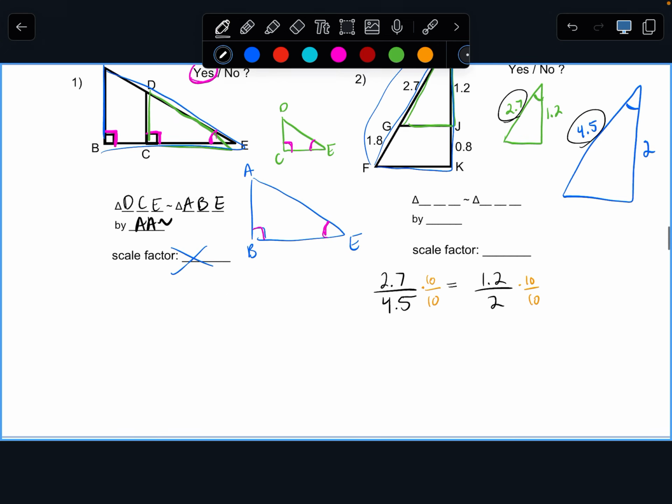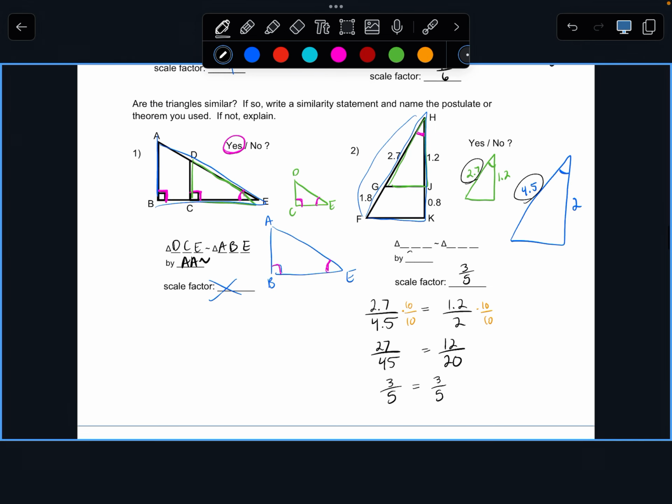So it's easier in your life to be like, oh, 27 over 45. And then 12 over 20 is easier in my brain to reduce than these decimals. So 27 is at 9. Yeah, 9, so that'd be 3 over 5, and then this is 4. Yeah, so 3 over 5.